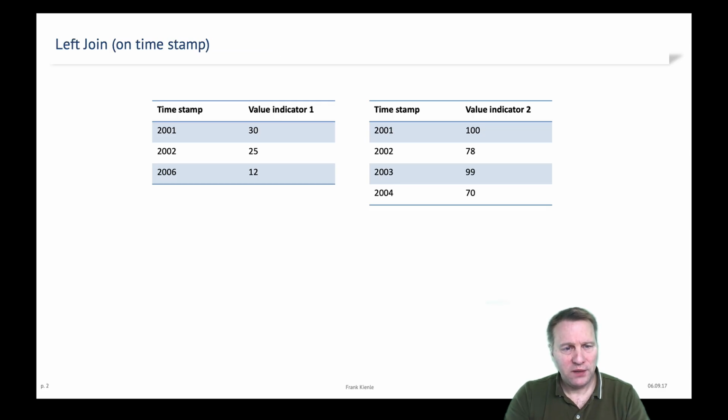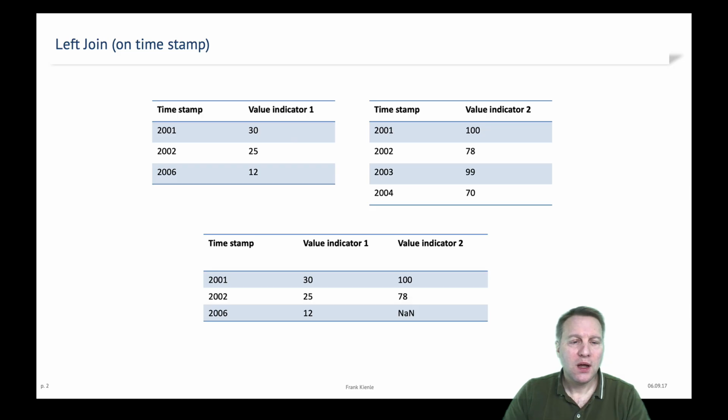A left join, you would identify one file or one array, one data frame, like this two, the left one here with the year 2001, 2, and 6, and you join or you merge the other data frame to the first one, to the left one. And this enforces that only the timestamps which are in here are used.